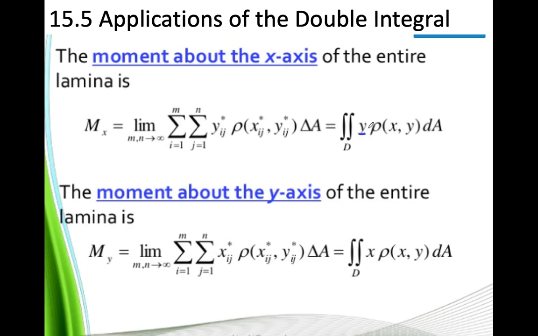It is a product of y, distance to the x-axis, density. The moment about the y-axis is, again, distance times density. Well, times mass, I should say. Your density function, dA, is your mass. Distance, mass.